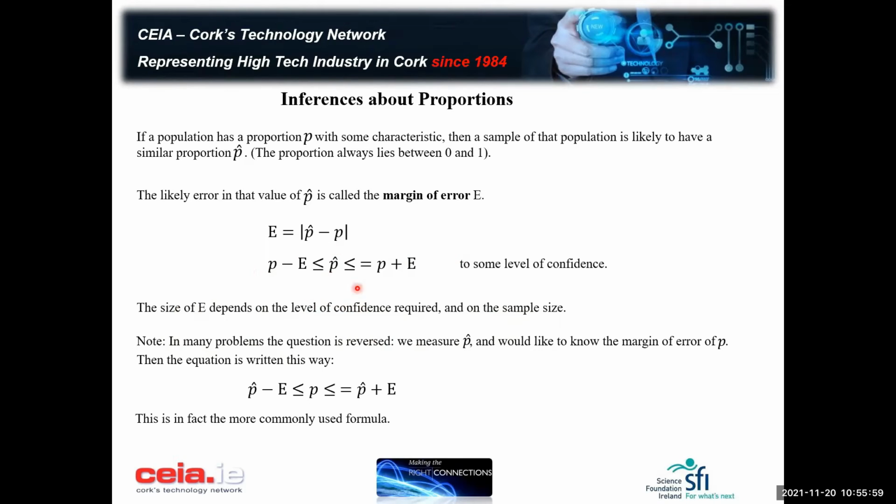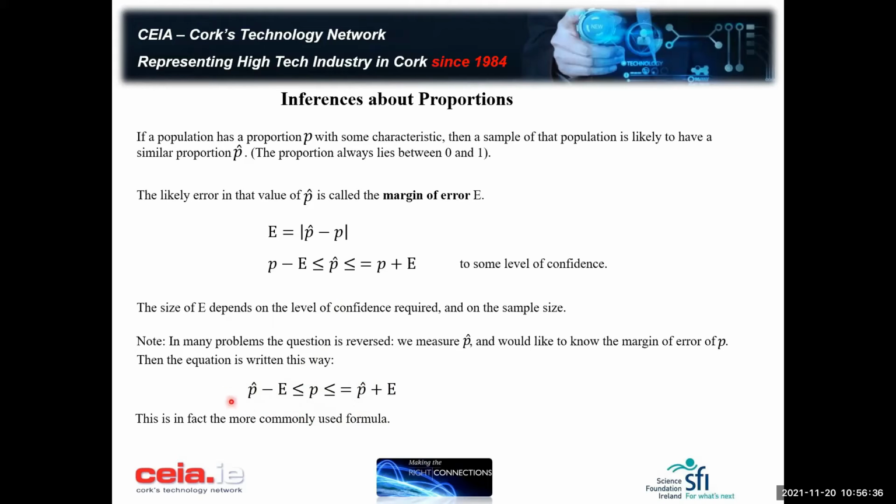Now, I've expressed it this way, but generally speaking, you can flip this around and say, well, if we measure this p hat from a sample, what's the likely range of values for the true population proportion P? And then you flip it around and it's saying that the true population P lies within a margin of error E of the measured sample proportion p hat.